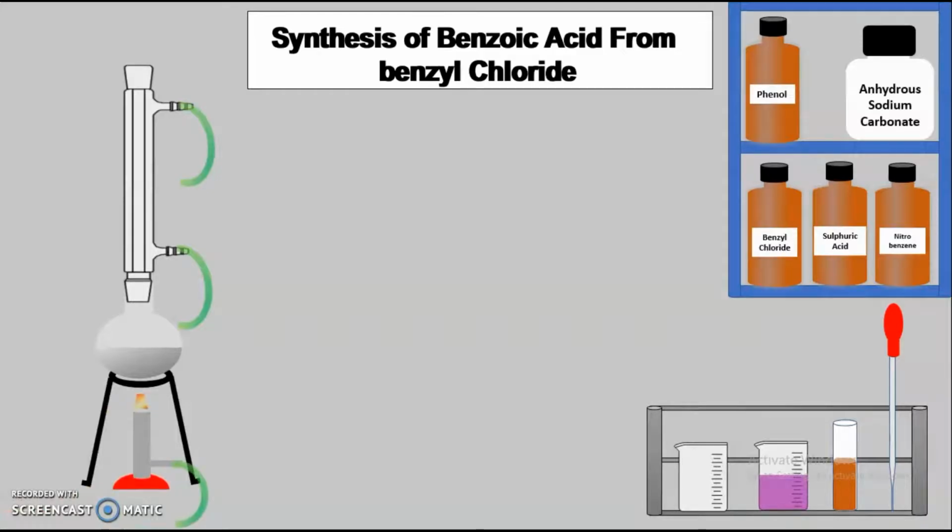After boiling gently, the next step is that we are going to carry out the addition of potassium permanganate solution. 8 gram of potassium permanganate is taken in 150 ml of the water. So here you can see that we have already prepared that solution of potassium permanganate, 8 gram of potassium permanganate, which is dissolved in the 150 ml of water.